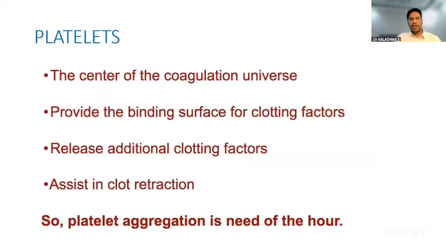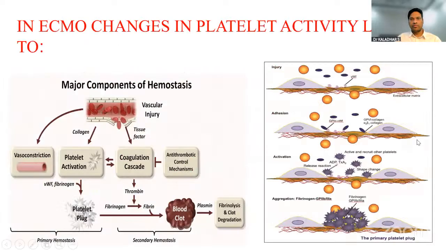As I was telling, the platelets are the center of the coagulation, and even this is being explored, whether to give antiplatelets, because they are the ones which start the coagulation. When they activate, they go through adhesion, activation, and aggregation. The platelet aggregation can lead to a primary platelet plug and lead to thrombus formation.